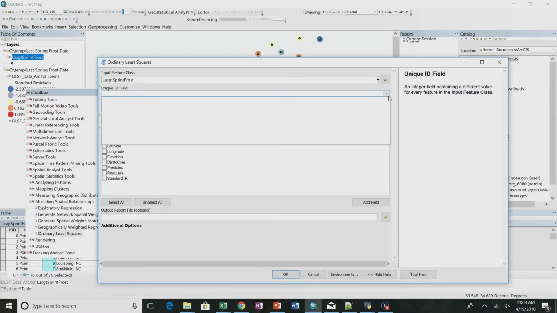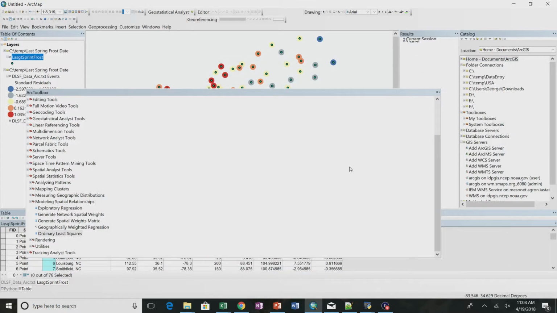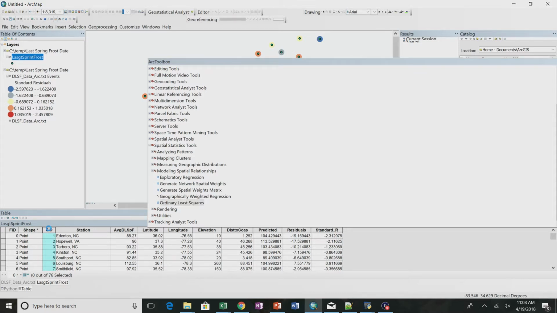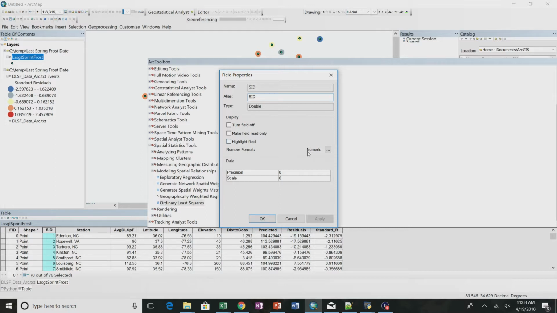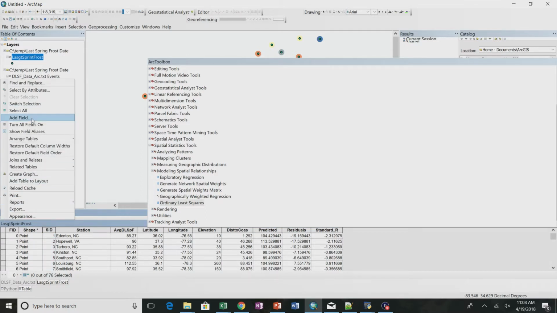An integer field containing different values for every class in the input feature. No, it's double. Okay, so this can be solved pretty easily.